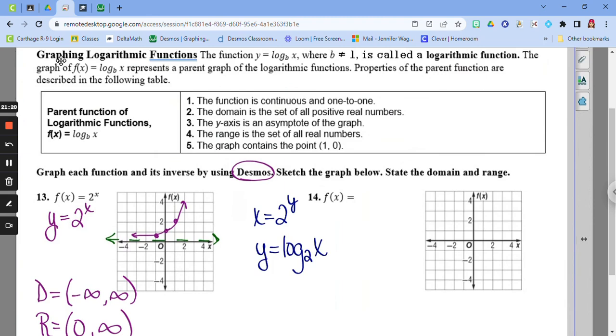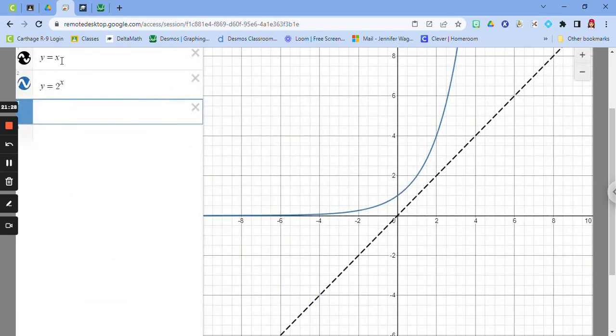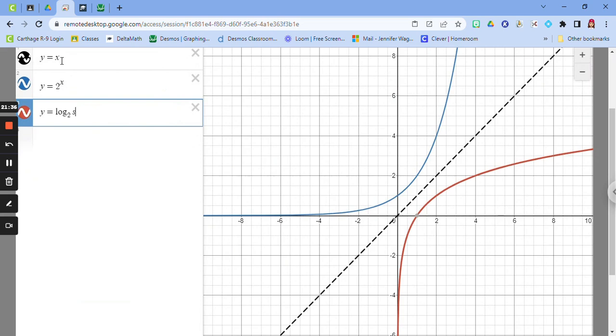So now I'm going to graph that in Desmos. And there we have it. Keeping that y equals x line on there allows you to see if you truly do have those inverses correct, if you have those graphs in the correct spot.